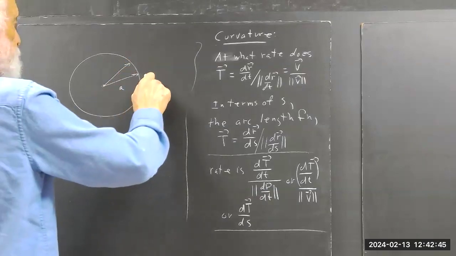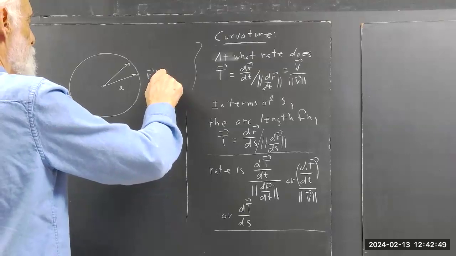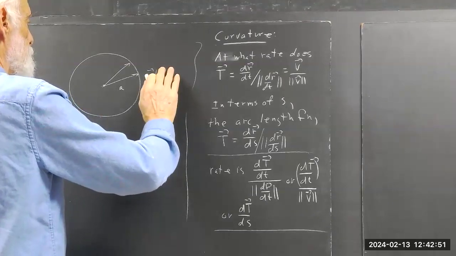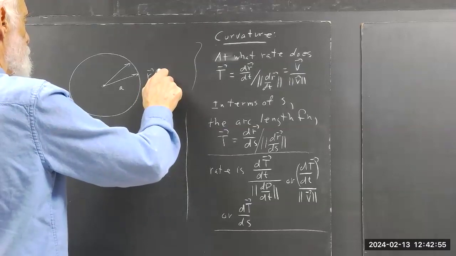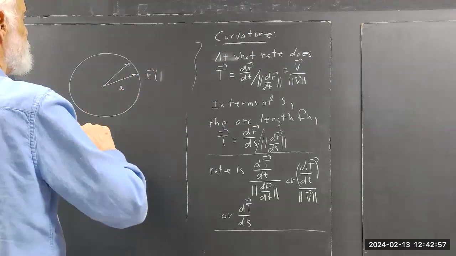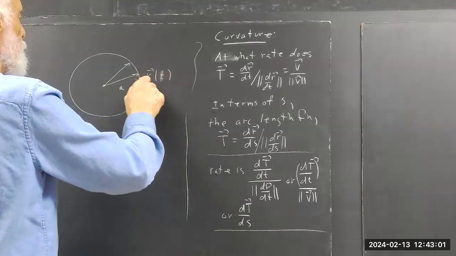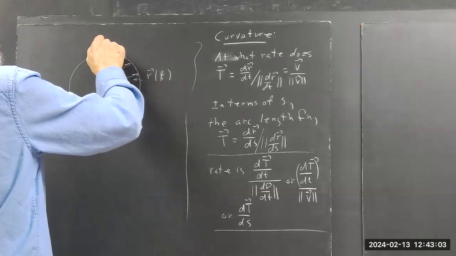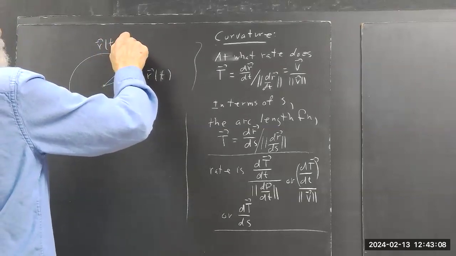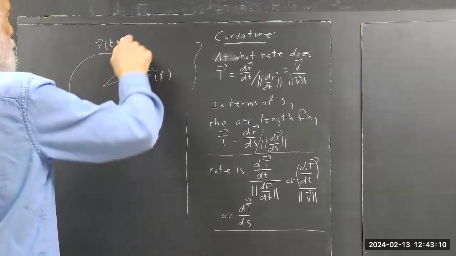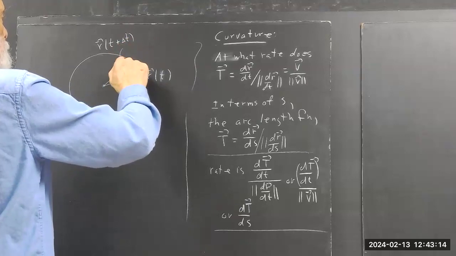And here we've got r(t) and r(t plus delta t) here.